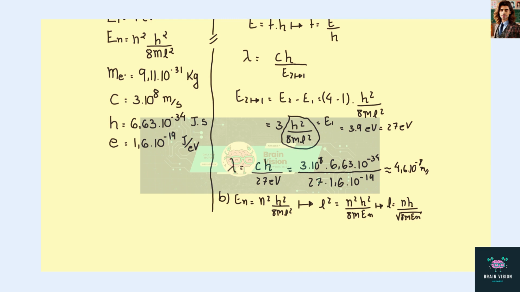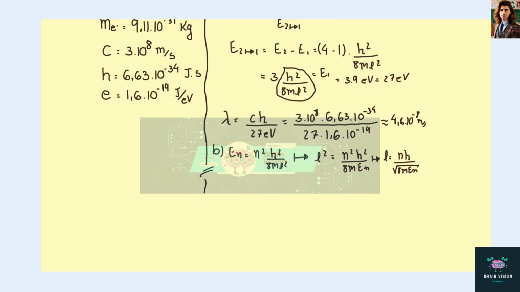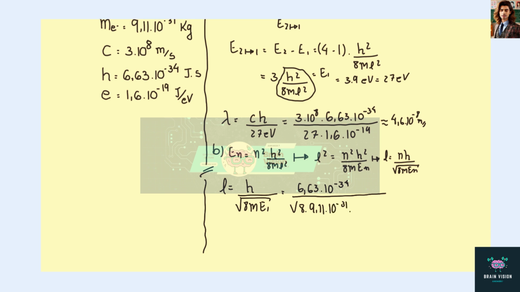Now, we have to plug in the given values to solve for L to get a numerical value. So L is equal to, we have E1, so n is equal to 1, then L is equal to h divided by the square root of 8m E1. And this is equal to 6.63 times 10 to the minus 34 divided by the square root of 8 times 9.11 times 10 to the minus 31 times E1.